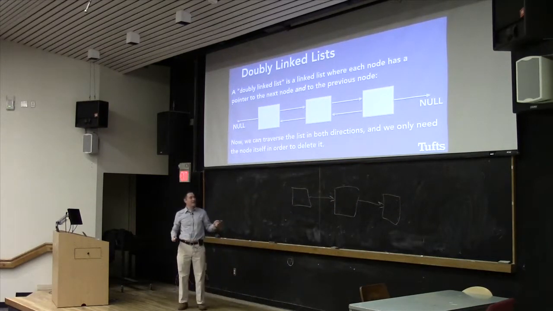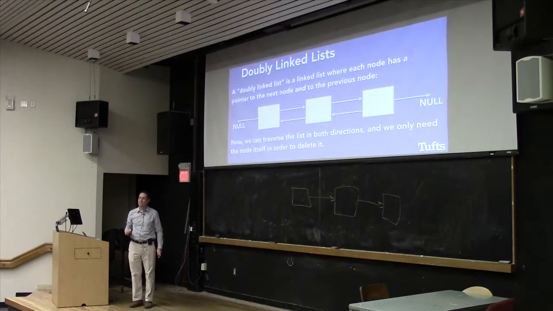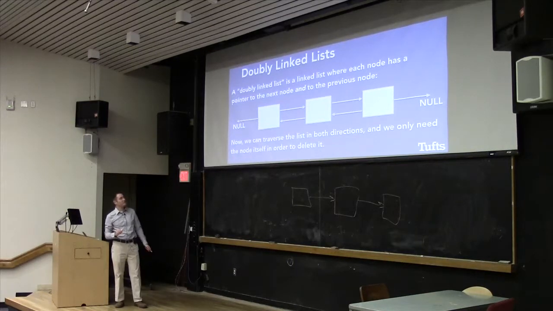If I am here, how do I get back to this one? Start from the beginning, right? Which isn't too bad for this one, but if I'm somewhere down here and I want to get one back from it, I have to go all the way back to the beginning and go boom, boom, boom, boom, boom, and remember to stop when I get to one that's pointing to the one I was just at. Okay? Not particularly efficient.